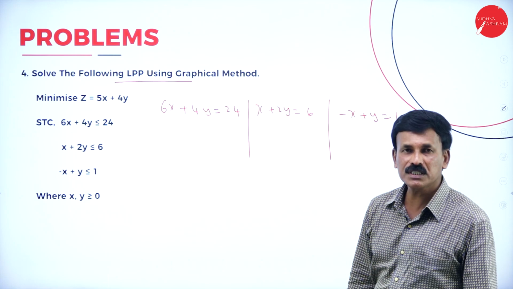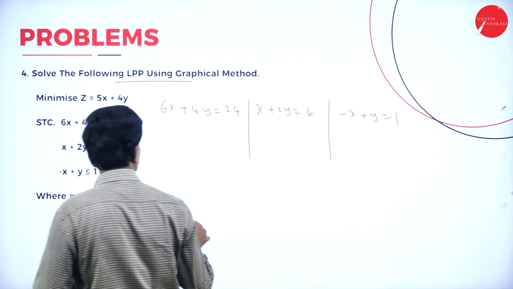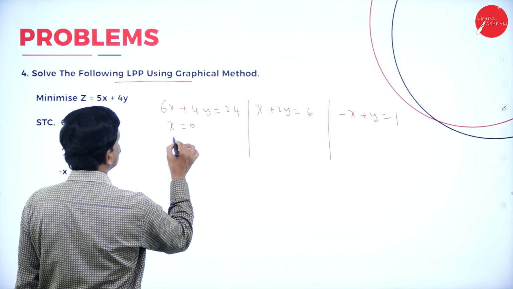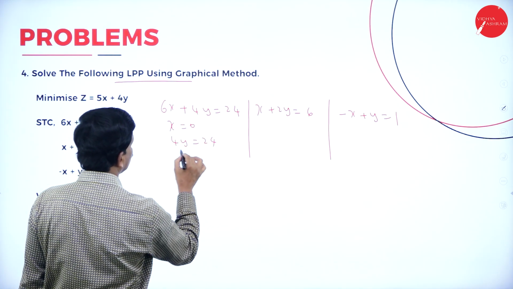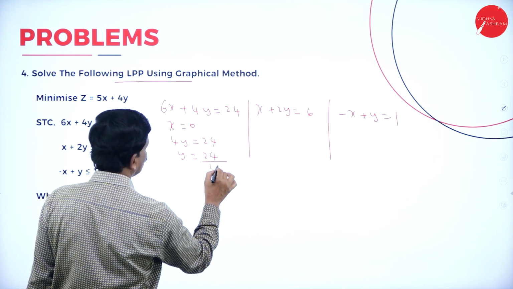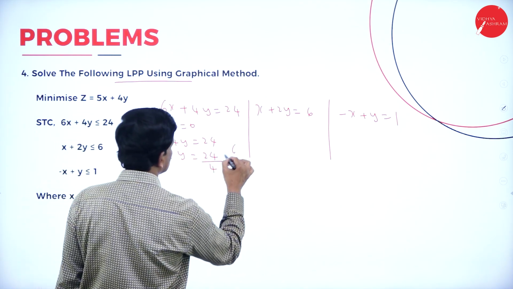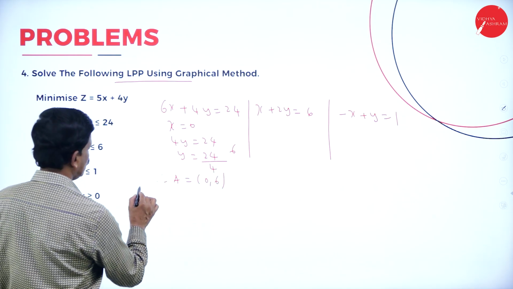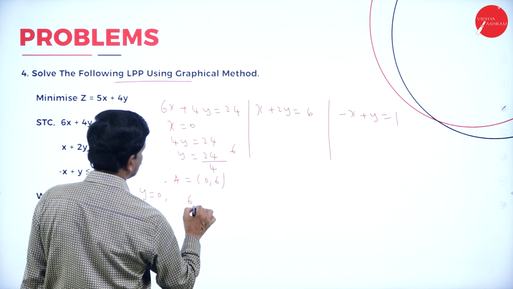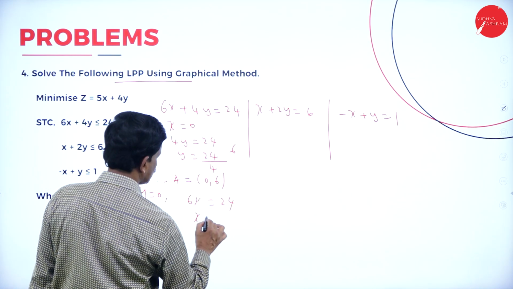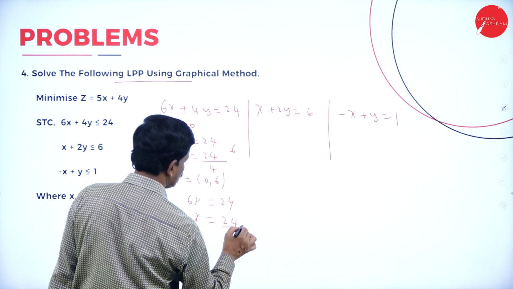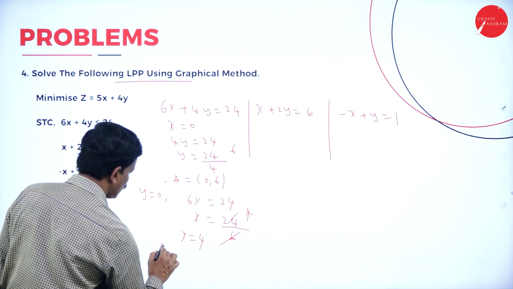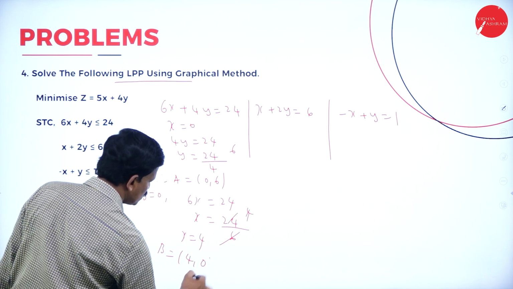The first step is to convert the inequalities into equalities and find the points A, B, C, D. When x is equal to 0, y is equal to 24 by 4, which is 6. Therefore A is 0, 6. Similarly, put y is equal to 0, you will get 6x is equal to 24, x is equal to 24 by 6, which is 4. So the point B is 4, 0.